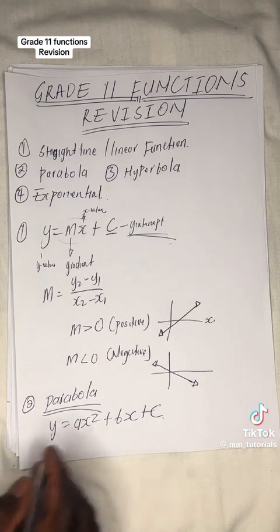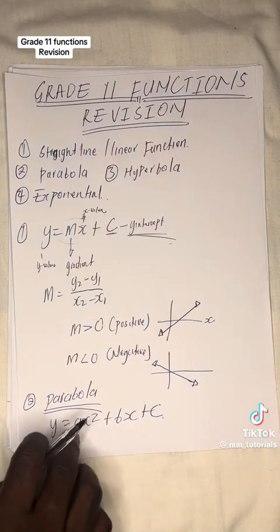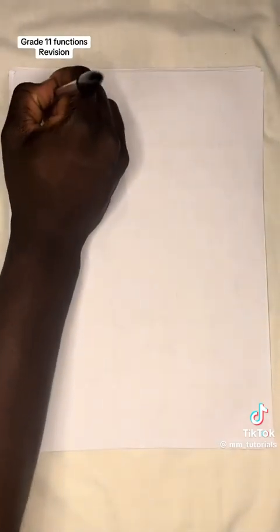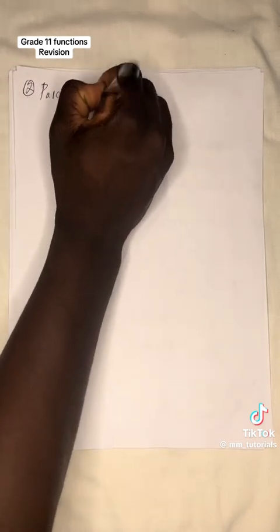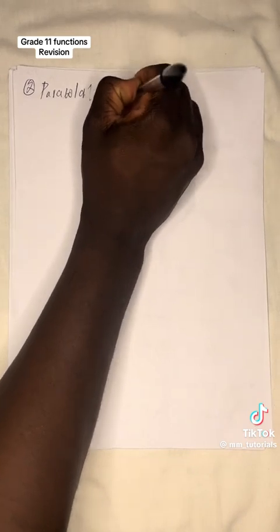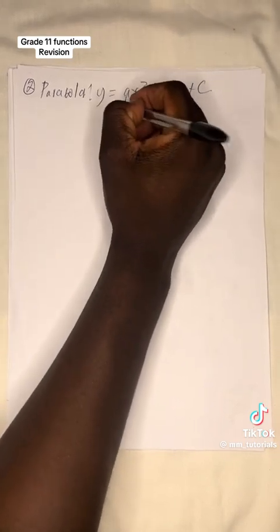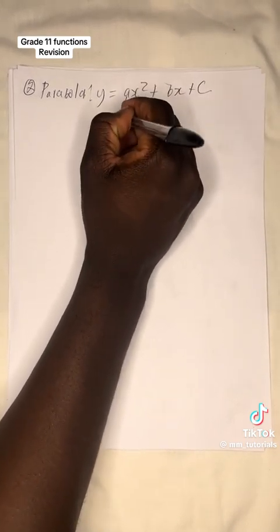Here, what would your a represent? Let me rewrite this again. We have the parabola, and our equation is y = ax² + bx + c. Your a represents the shape.